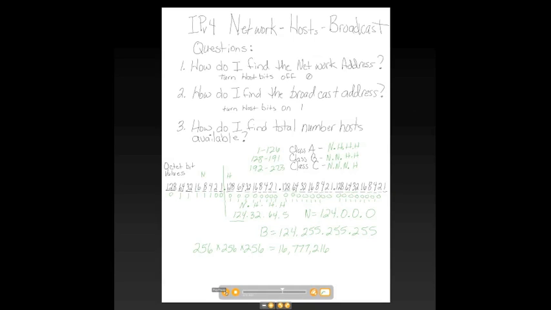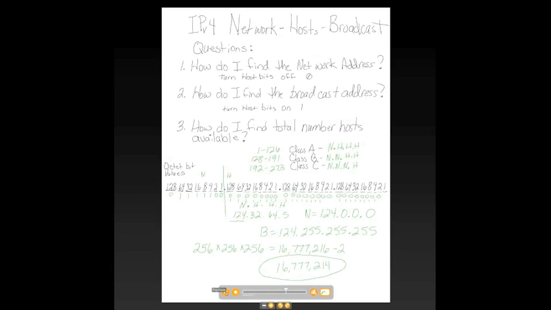Also, our broadcast address, 124.255.255.255, we can't apply that to a device, so we have to subtract that out of our total number of addresses available. So we're going to subtract 2. So the total number of hosts that we can have in this network is 16,777,214 devices.